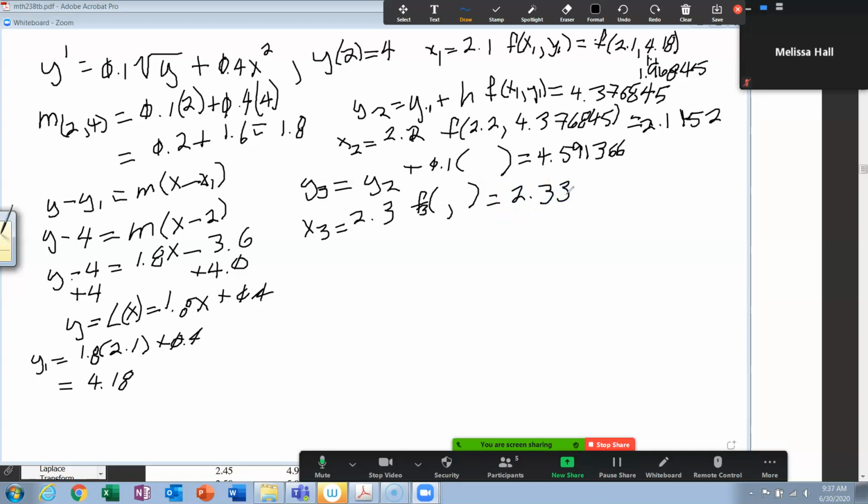I ran into a zero, so I'm going to stop right there. 2.33. That's my f sub 3. So now we're ready to calculate our new y4.